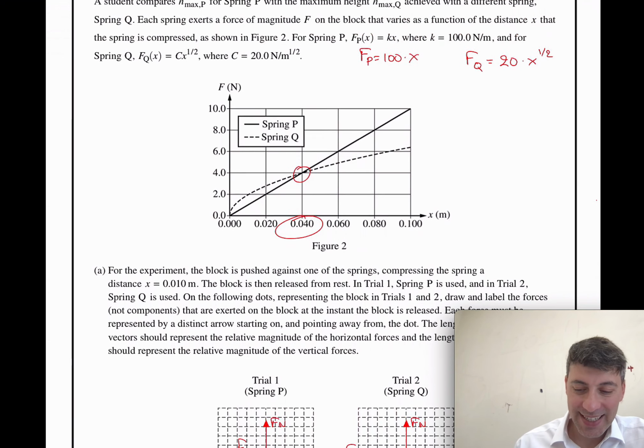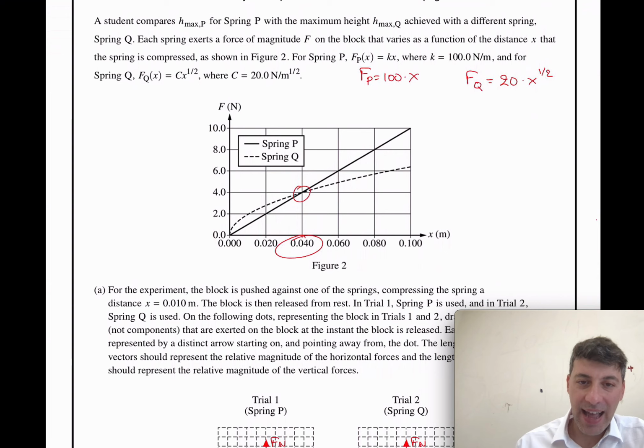So since the height depends on the work, we need to figure out if the work for the two springs will be the same at a distance more, less, or equal to 0.040 meters.